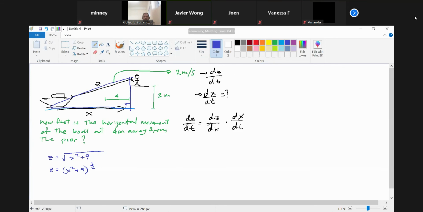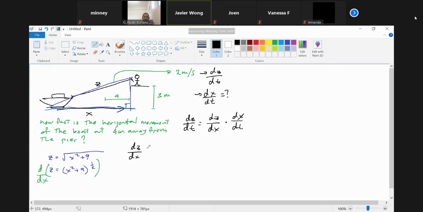I just need to find dz/dx in terms of x. What will be our resulting function?